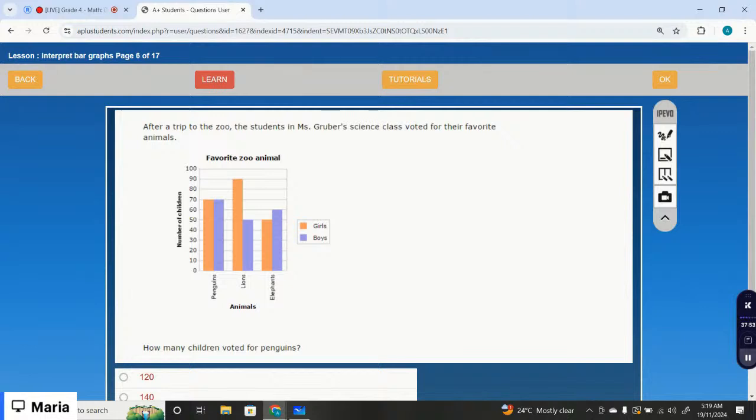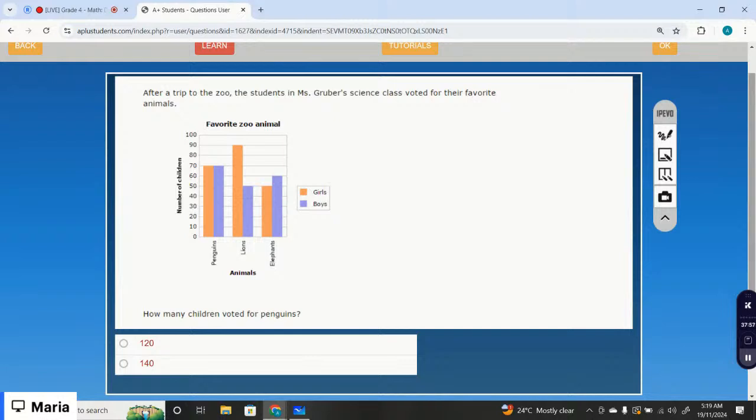So, which is the correct option? Very good, 140 it is.